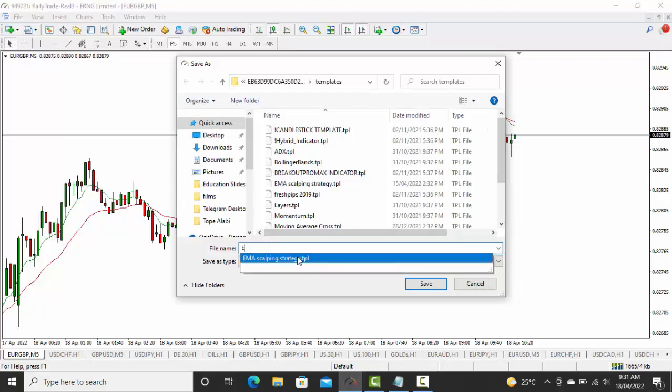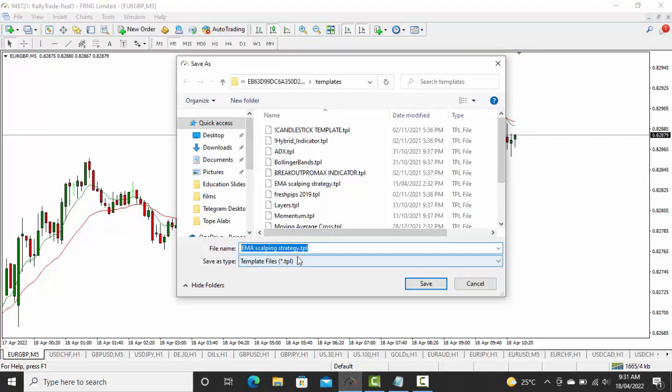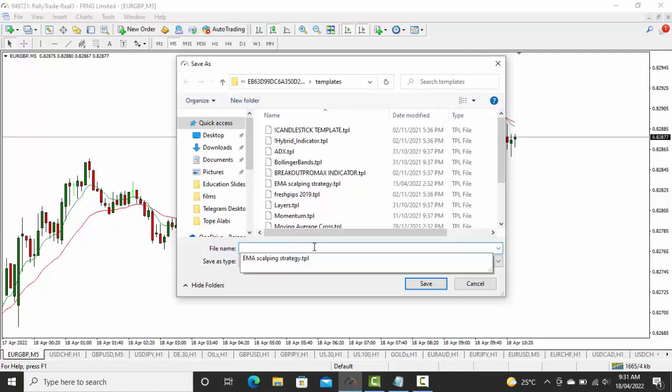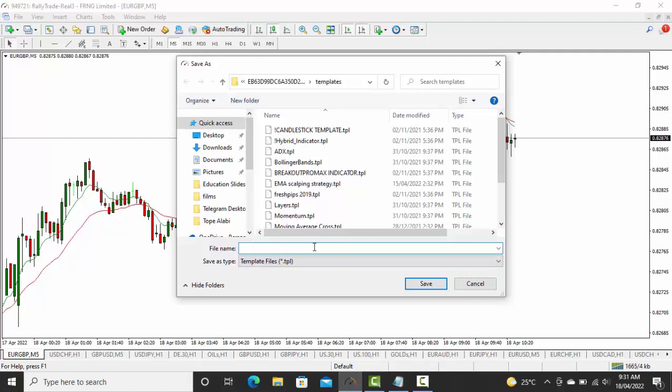I type out that name, EMA scalping strategy .tpl as I have it, but because I have already previously saved it, let me use a new name so we get to know how to save our own. Say I want to use scalping strategy EMA, so it will be different from the other name.